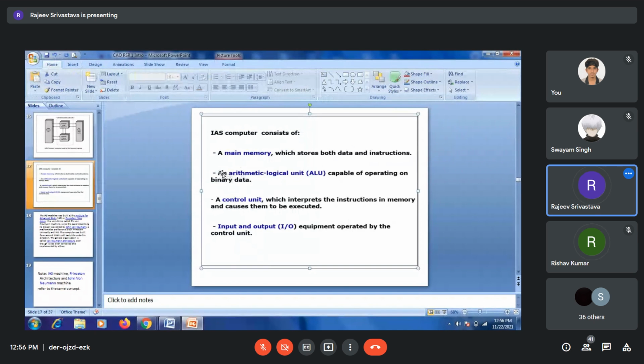One thing you can see here, an arithmetic logic unit capable of operating on binary data. And this is all we know, that the computer understands only the language of zeros and ones, which is the binary language. We always say that is why we know the importance of binary numbers.